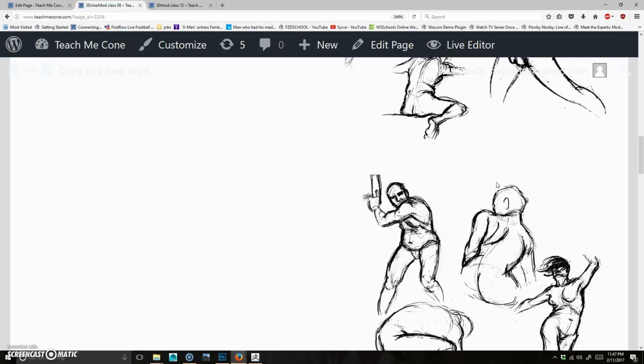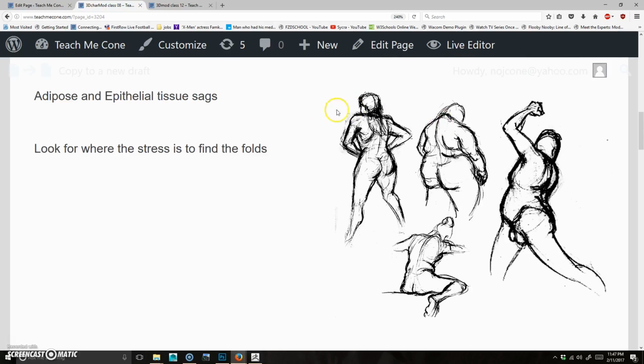So I guess what I'm getting at is that without muscle and without bone, or when the bone and the muscle is more removed, the skin, the epithelial tissue, the superficial things, the things that are on the outside, more towards the surface, that are more privy to being exposed to gravity or stress, will react as such.